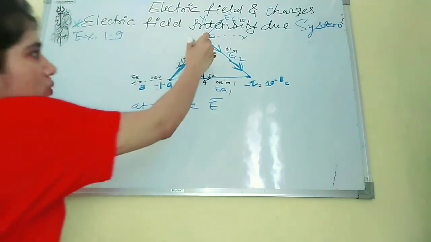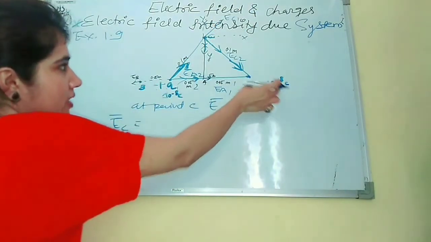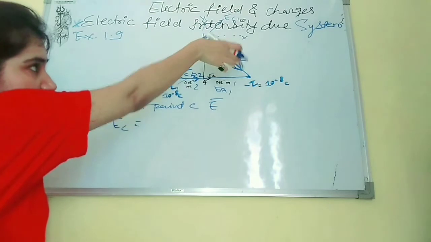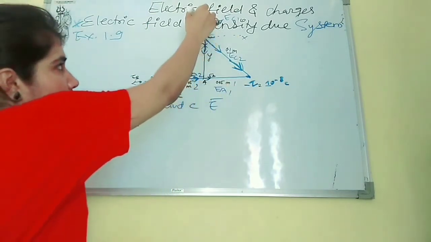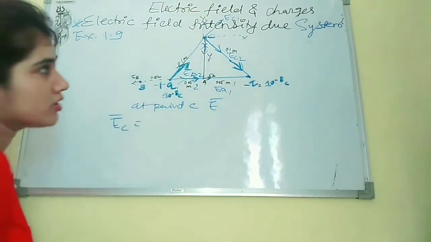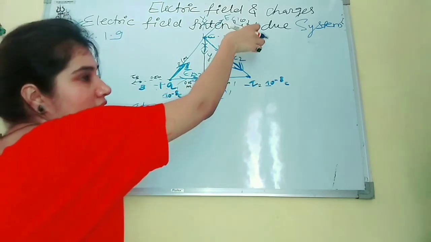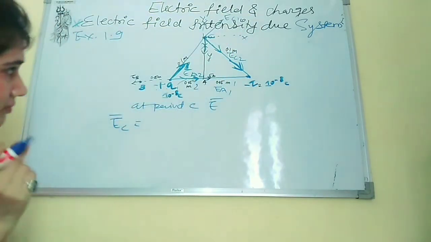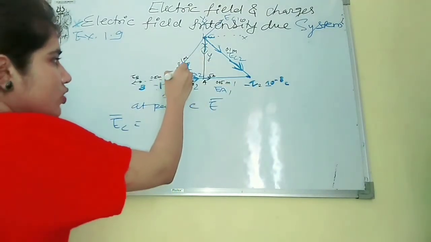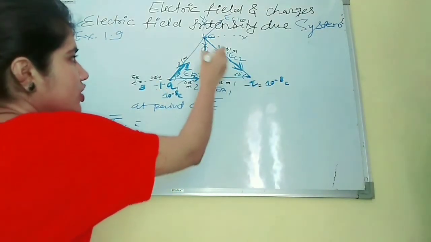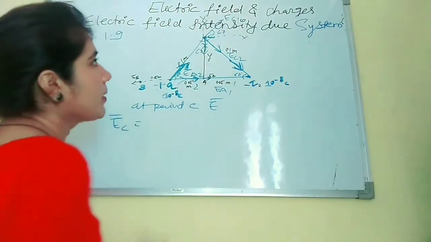The y-components will cancel out, because the values of EC1 and EC2, the charge and the strength, are similar. You are seeing that this is 0.1 and this is 0.1, so definitely in the y-axis they will cancel each other. So we will get the components in the x-axis only. And one more thing, you are seeing this is an equilateral triangle, so all angles are 60 degrees. Definitely this angle will be 60 degrees.